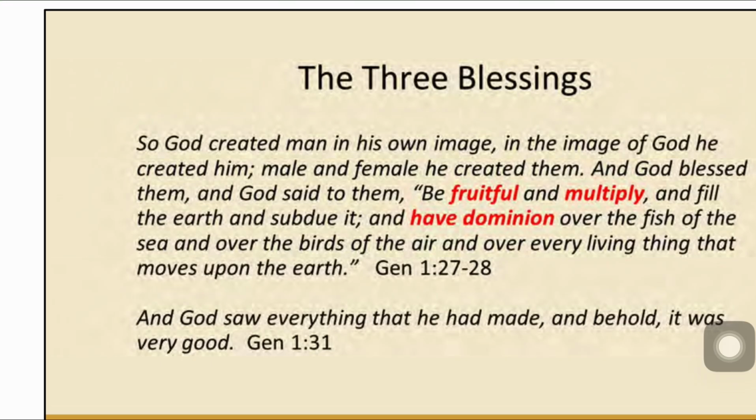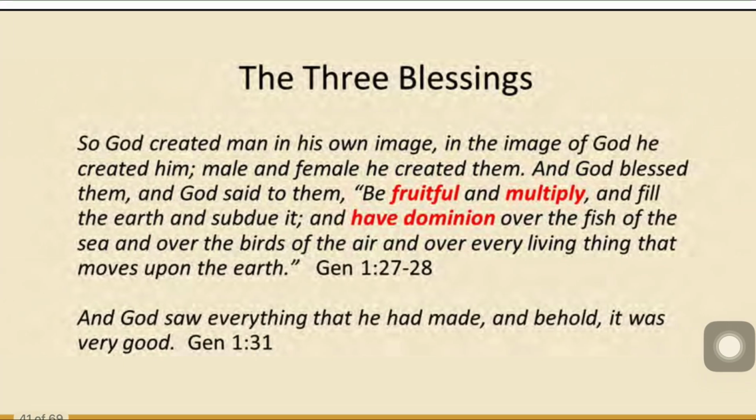In Genesis 1:27 to 28, the Bible says, so God created man in His own image, in the image of God. He created him, male and female He created them, and God blessed them, and God said to them, be fruitful, multiply, and have dominion over the fish of the sea, and over the birds of the air, and over every living thing that moves upon the earth.